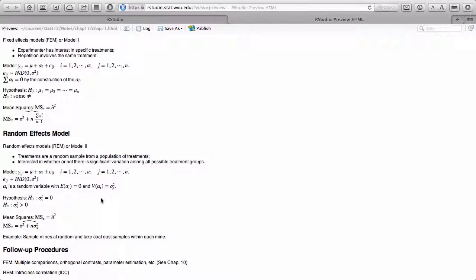The fixed effects model is mu plus alpha sub i plus epsilon sub ij. And the epsilons are the only thing that are random, and they're independently normally distributed with a mean of 0 and a variance of sigma squared. And by the way we construct the model, the sum of the alpha sub i's equals 0, but as I mentioned, there are different ways you can construct a model when you have equivalent tests.